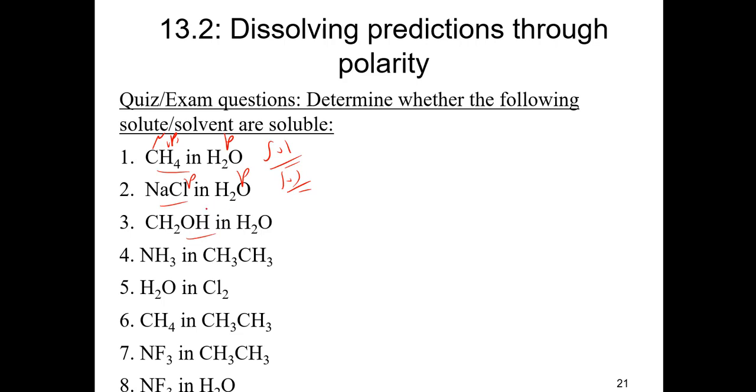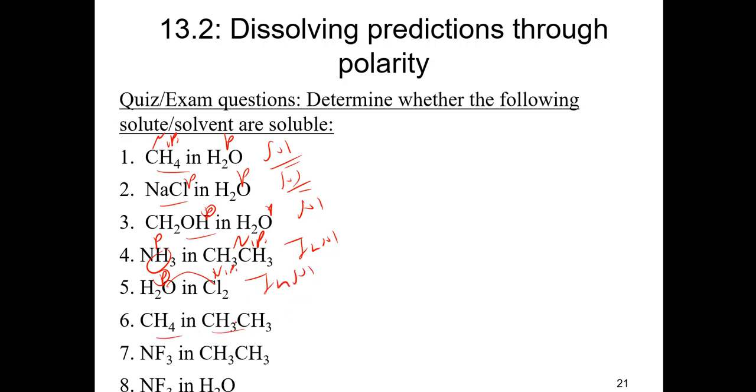Methanol, hydrogen bonding, so it's going to be polar, water is polar, soluble. NH3, that's polar because of hydrogen bonding. Pure hydrocarbon, that's nonpolar, so that's going to be insoluble. Water is polar, chlorine gas is nonpolar, so that's going to be insoluble.